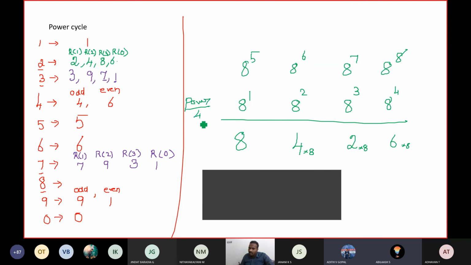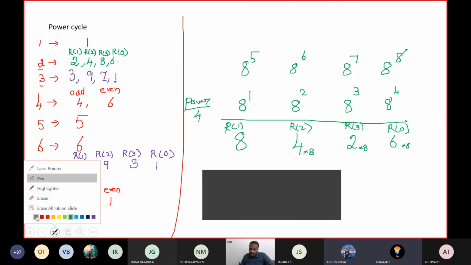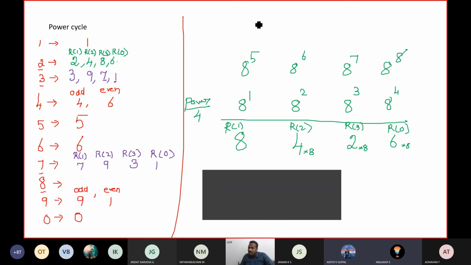Again the same process. Power value divided by 4. If the remainder is 1, if the remainder is 2, if the remainder is 3, if the remainder is 0. Okay, so just one question. 678 power 678. What will be the last digit?